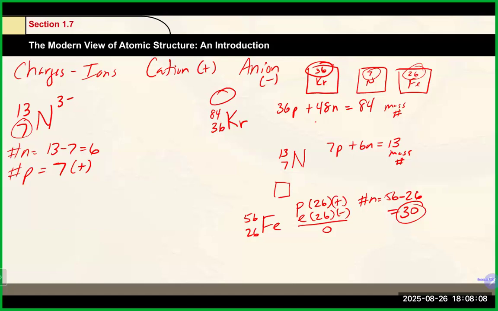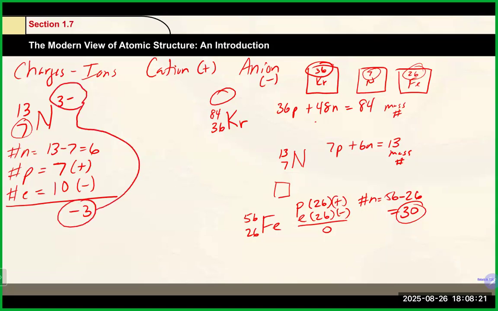So in this particular case, the number of electrons would actually be 10. 10 negative things plus 7 positive things leaves you a -3 left over, which is where that charge comes from. It has 3 more electrons than it started with.